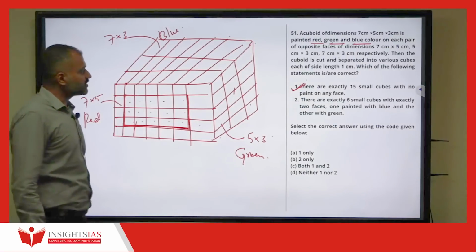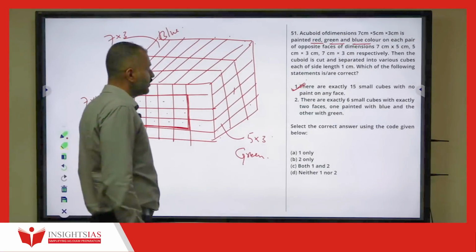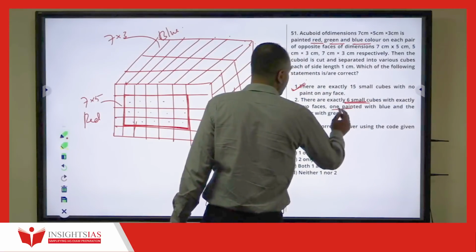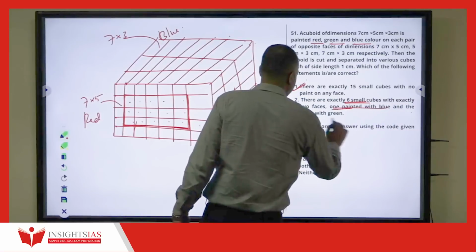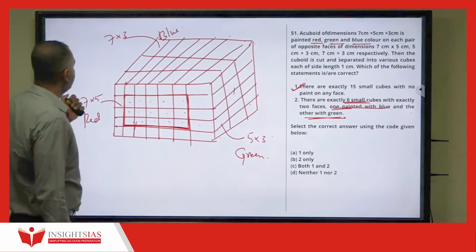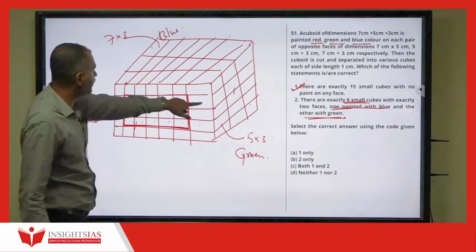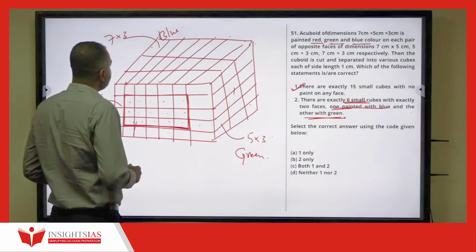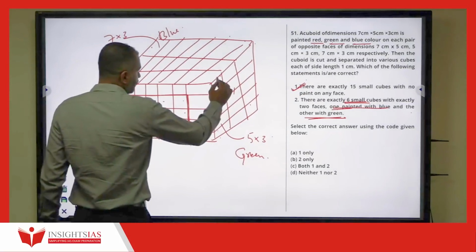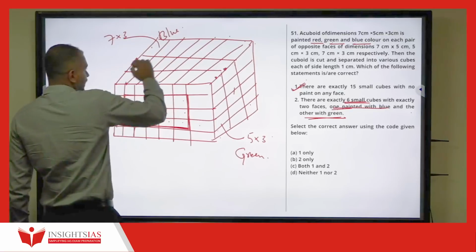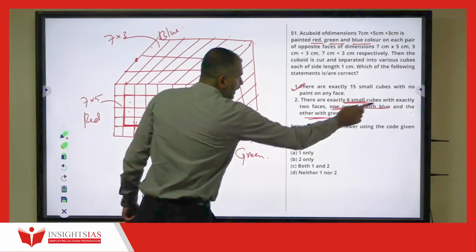There are exactly 6 smaller cubes with exactly 2 faces, one painted blue and another green. Okay, where is blue and green? This is blue and this is green. Let's see how many there are.